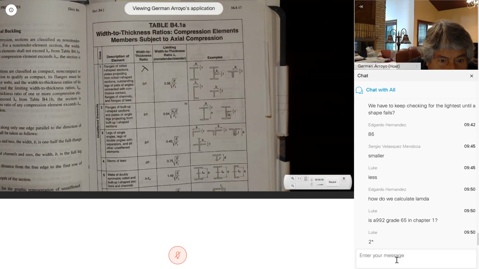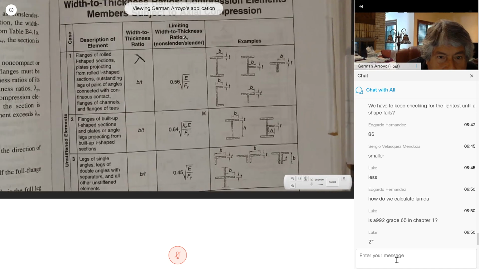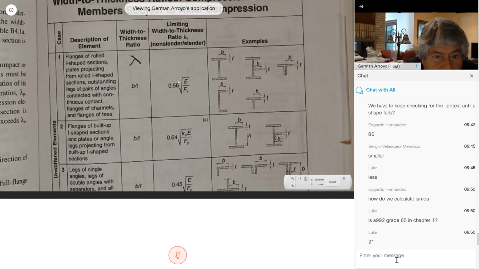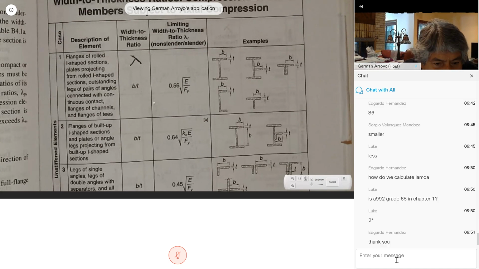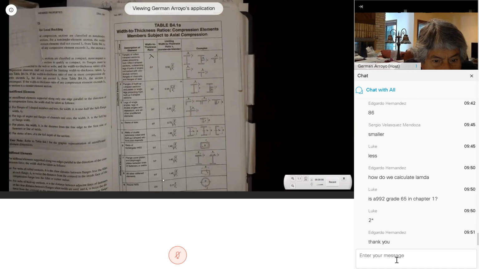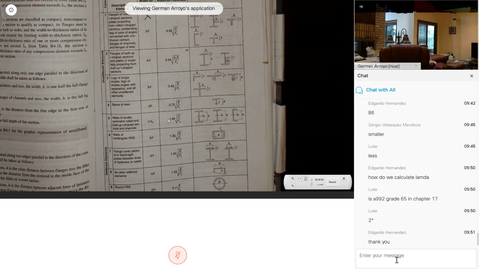So b over 2 times the thickness of the flange is the lambda. The lambda sub r is 0.56 times square root of E over Fy. This is for the flange. And this is the lambda for the web. And this is the lambda sub r for the web. Any other question?